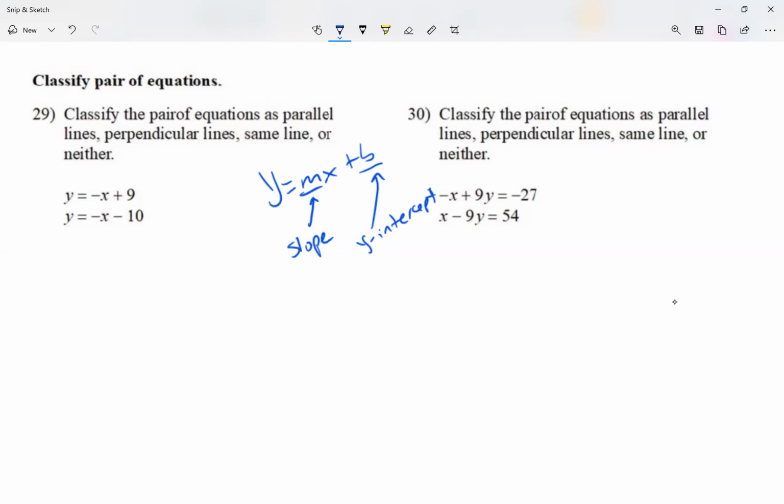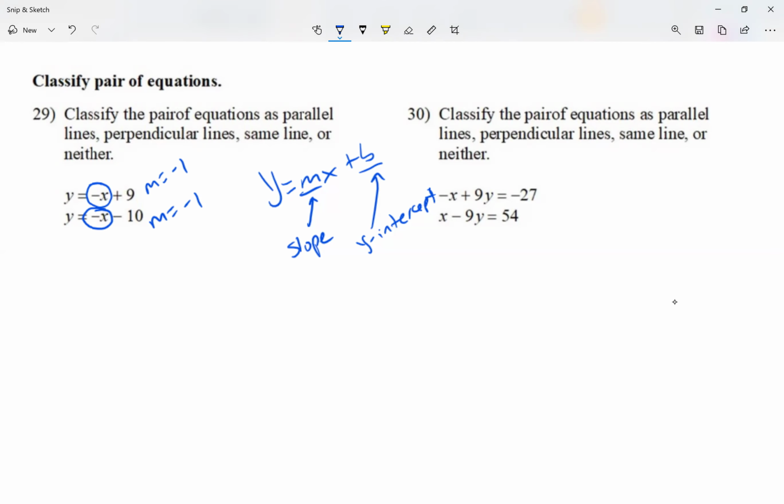So in my first line, my slope is the number in front of the x. My slope is -1. On my second line, my slope is the number in front of the x. When we just see the negative sign, basically it is -1. My slope in this case is -1. So they have the same slope.